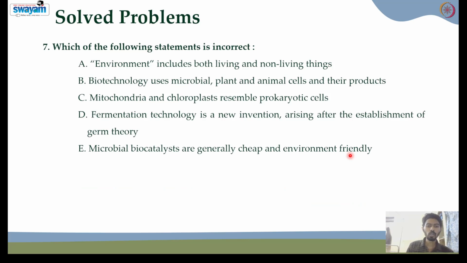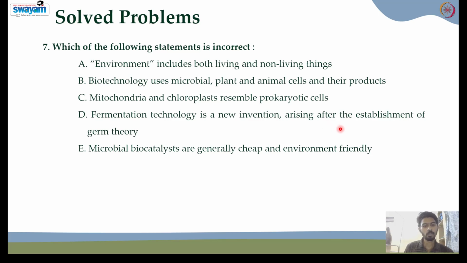So which of the following is incorrect? Option A, the environment includes both living and non-living things. Option B, biotechnology uses microbial, plant and animal cells and their products. Option C, mitochondria and chloroplast resemble prokaryotic cells. Option D, fermentation technology is a new invention arising after the establishment of germ theory.